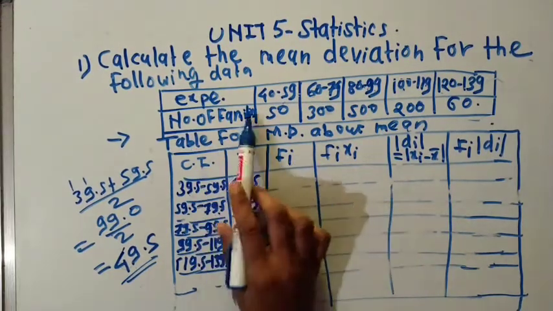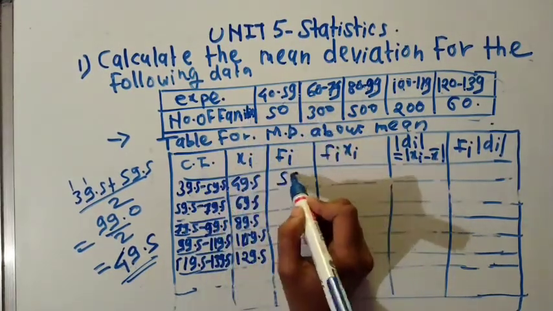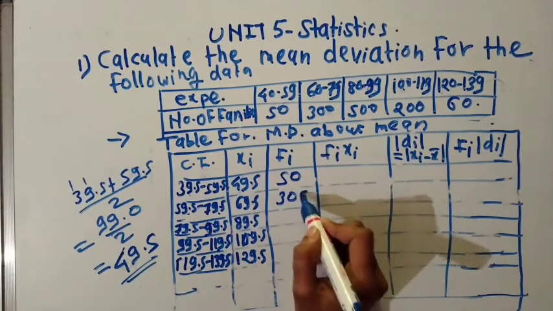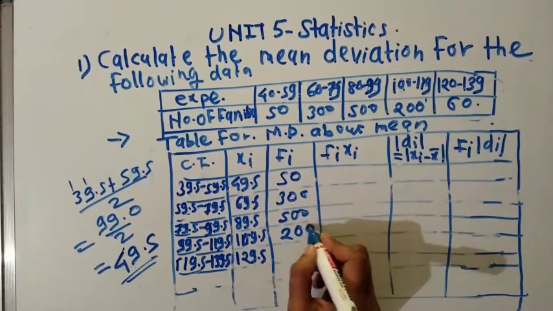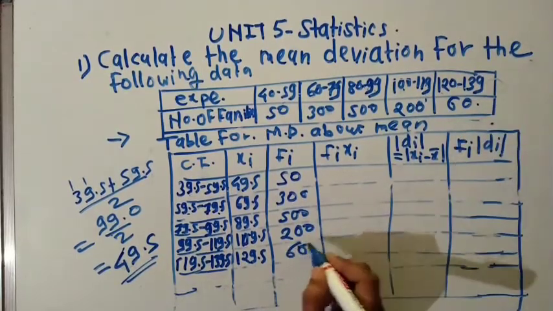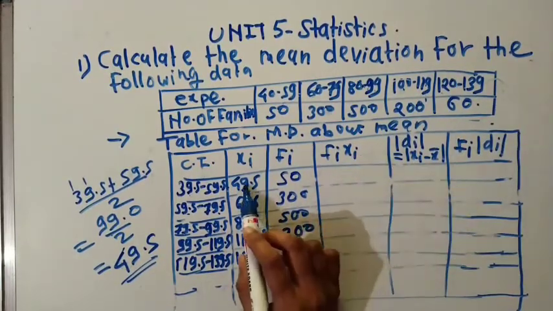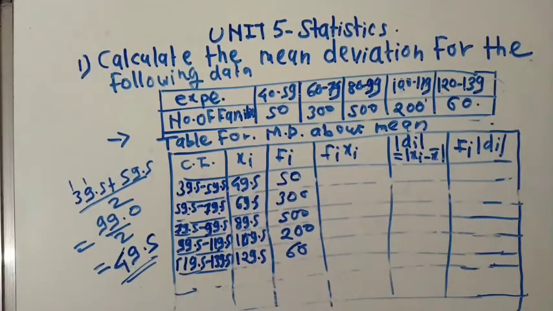And fi, the number of families, is 50, 300, 500, 200, 60.